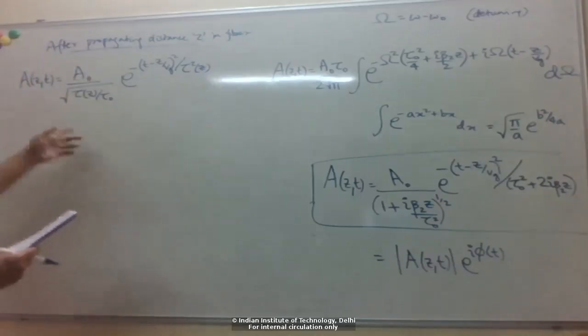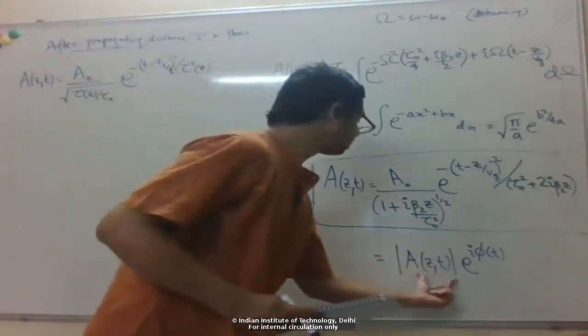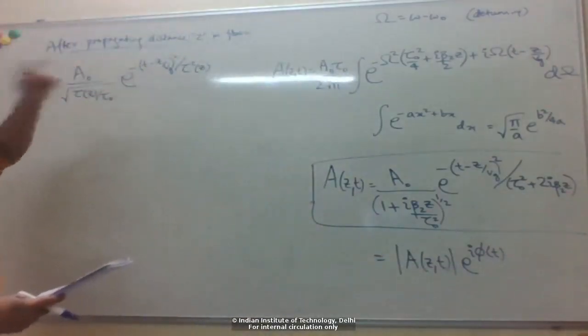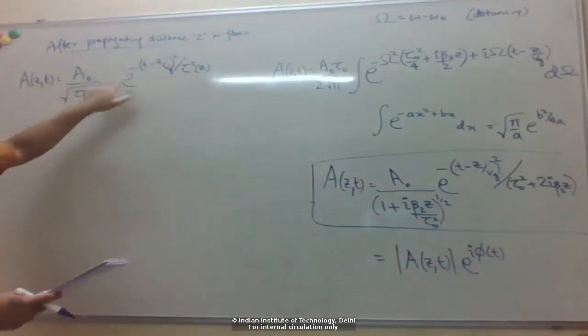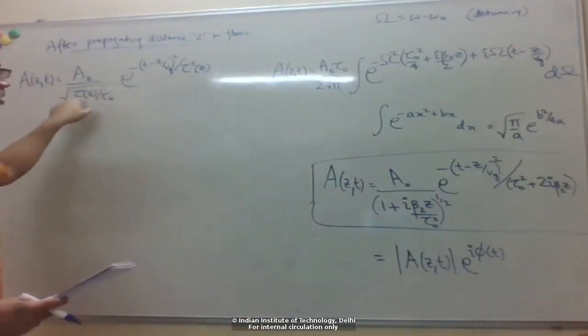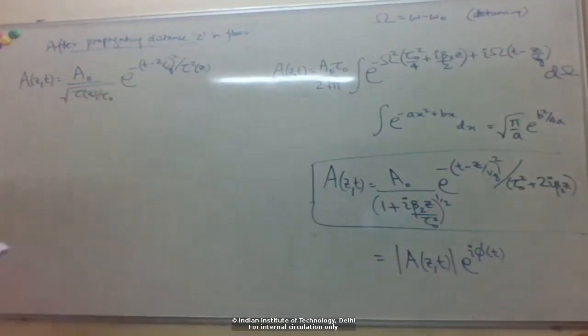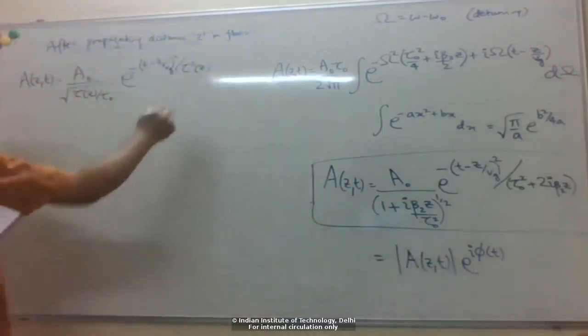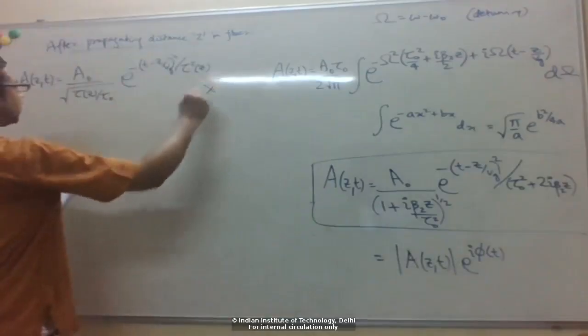So this will be the mod of A(z) part. Now you can clearly see this looks like a Gaussian function. We'll define what tau z is, and then this e to the i phi of t part, which is multiplied by it.